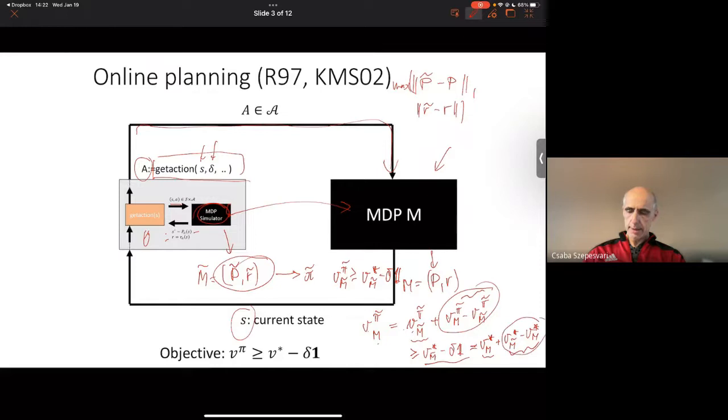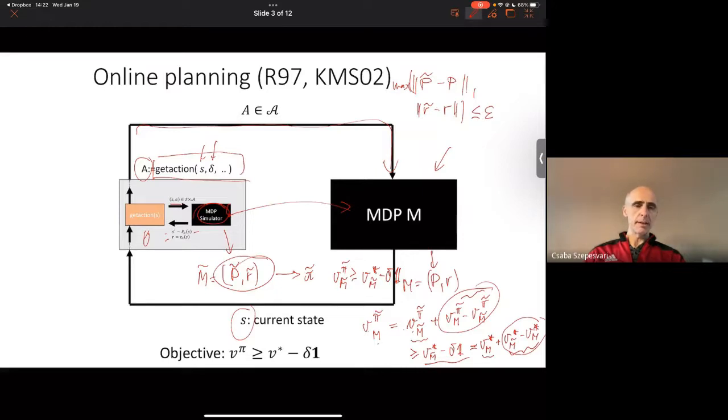These are continuity questions. If I fix a policy and just change my MDP, but I can't change it too much, so let's say the difference is at most epsilon, how much will the values of the two policies change? It happens that you can bound this as a function of epsilon.